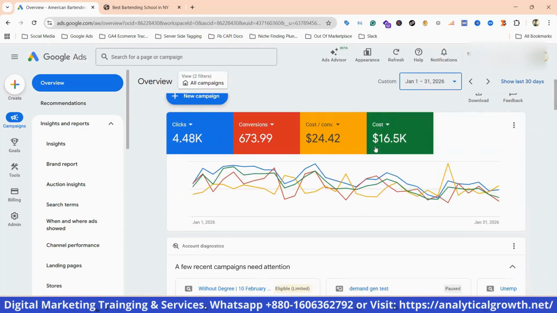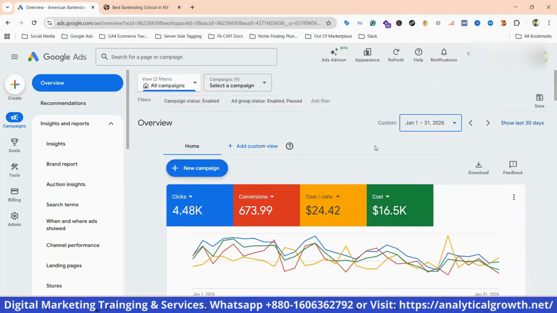So in January, we were able to lower the cost per conversion from $26.88 to $24.42. Almost $2. We have reduced the target CPA, and you can see the cost and conversion volume has increased.